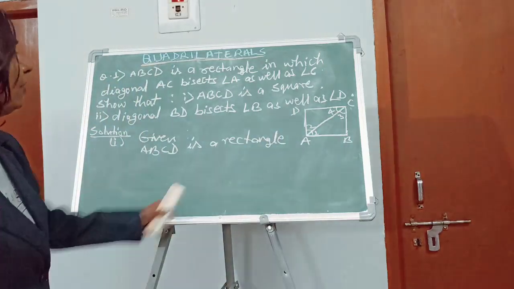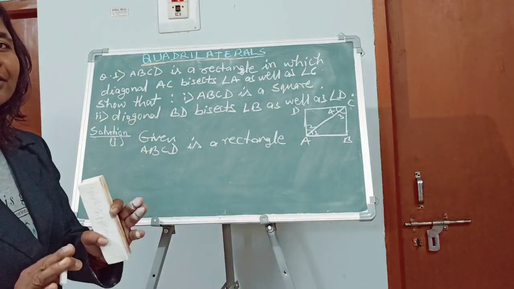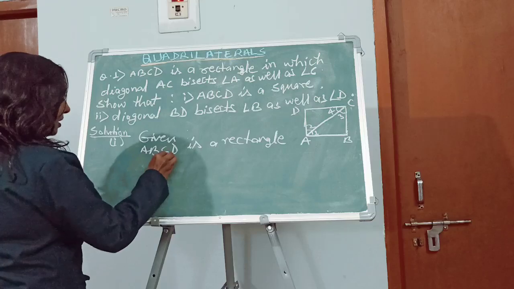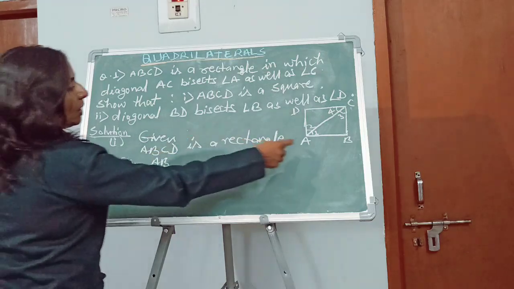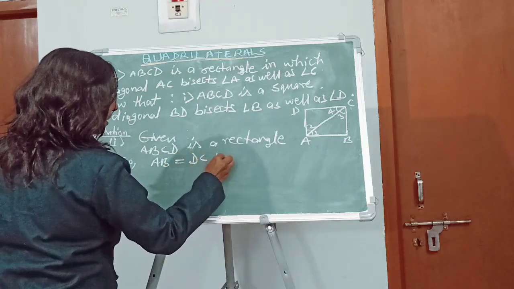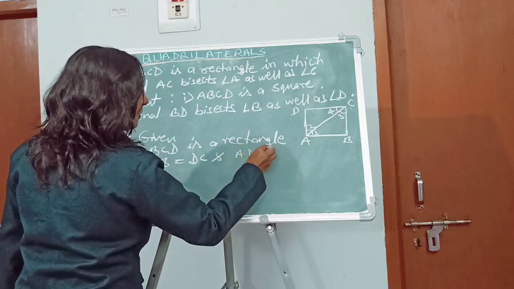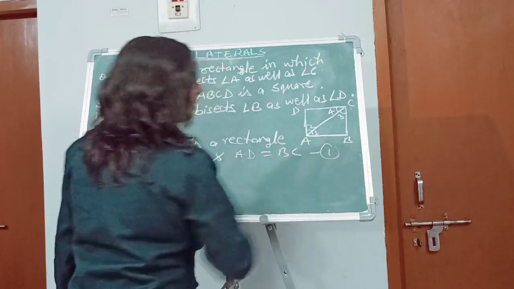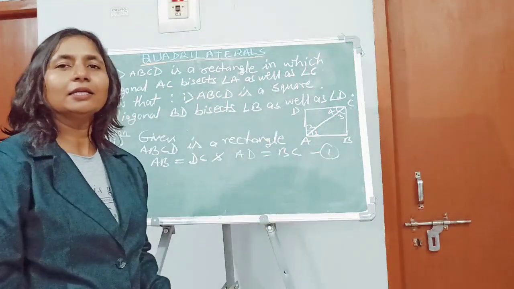Now dear children, if ABCD is a rectangle, it will satisfy the characteristics of a rectangle. So what would happen? AB is equal to DC and AD is equal to BC, because we know that opposite sides of a rectangle are equal.